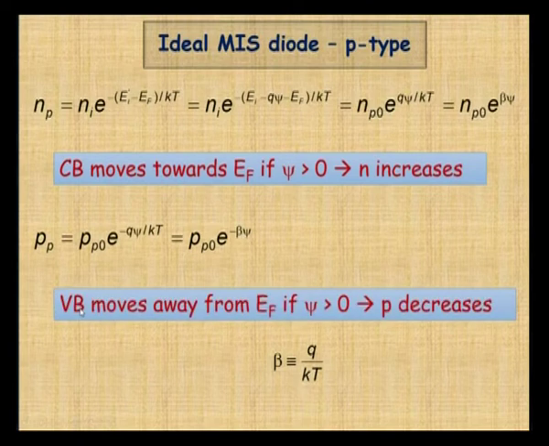When the valence band moves away from the Fermi energy, if psi is greater than 0, P is going to decrease. This is the process of inversion, where the valence band moves away from the Fermi energy, and when psi is greater than 0, P decreases.